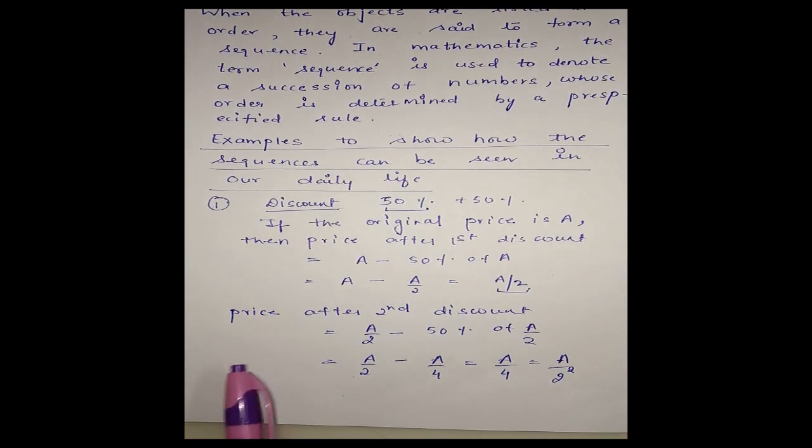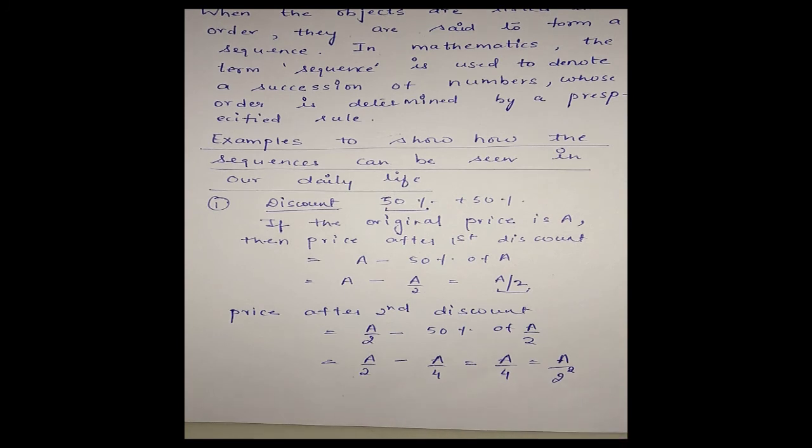Then the price after the third discount will be A by 4 minus 50% of A by 4. That's how we will calculate the price after successive discounts.